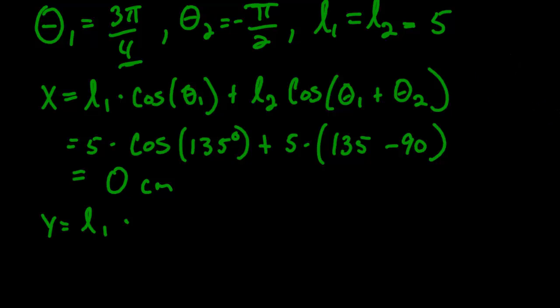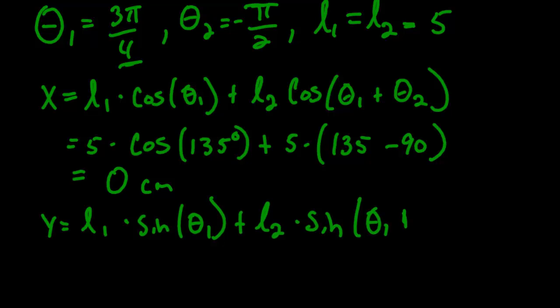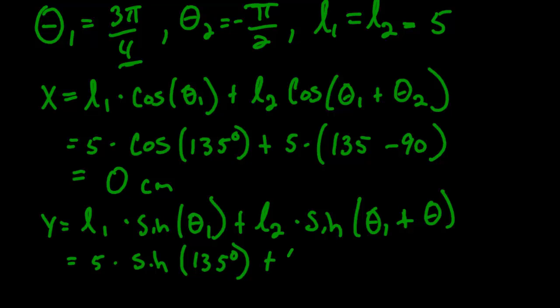All right, so now let's solve for y. y is L1 times the sine of theta 1 plus L2 sine of theta 1 plus theta 2. So this equals 5 times the sine of 135 plus 5 times the sine of 135 minus the 90 degrees.